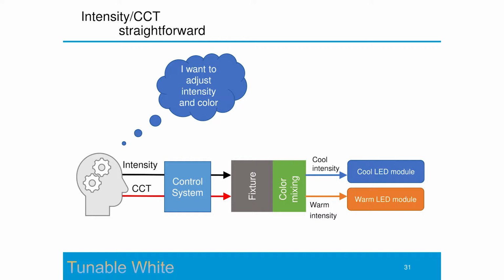So you're buying a more intelligent fixture that has the ability to do the actual color mixing, but you still need really 2 channels, one for intensity and one for color. So again, the benefit now is that I am going to stay on that curve much closer. I'll keep the quality of my light much better.